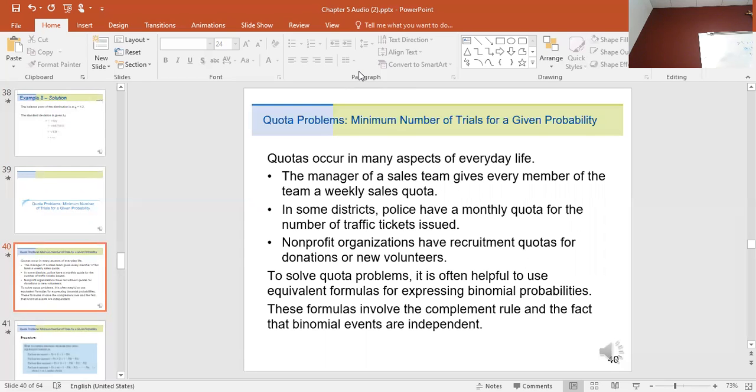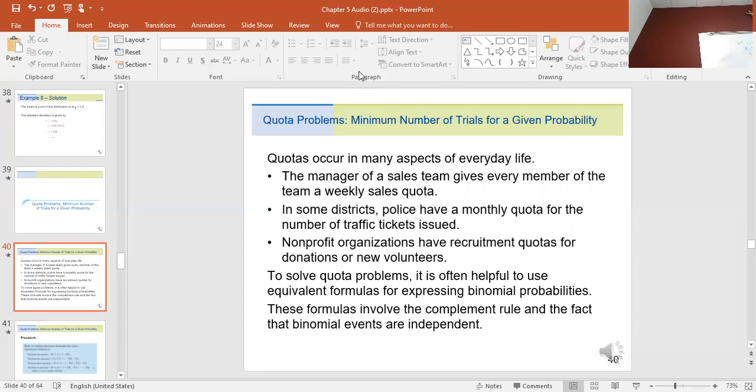The quota problem: what is the number of trials to achieve a quota?